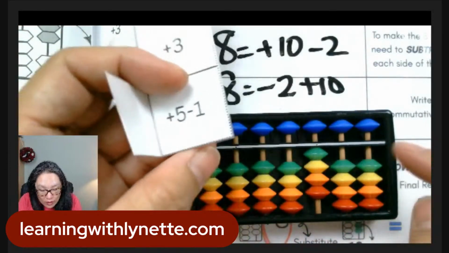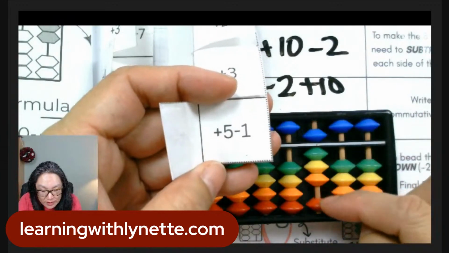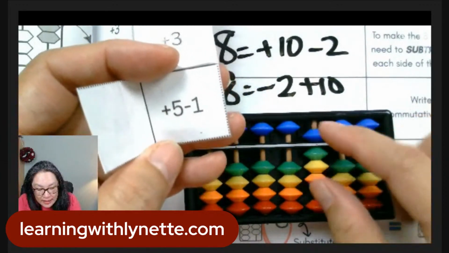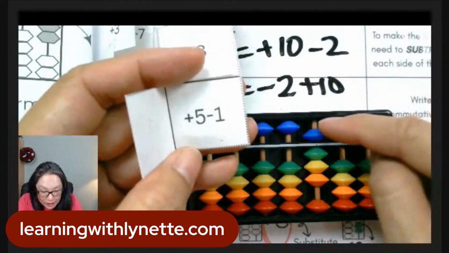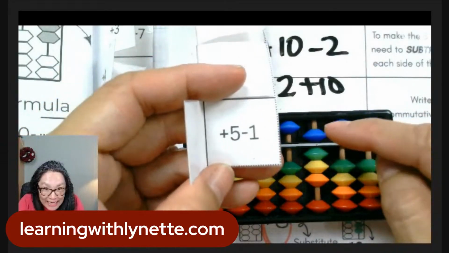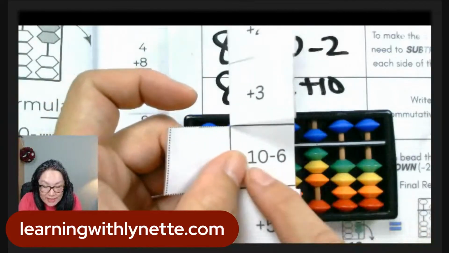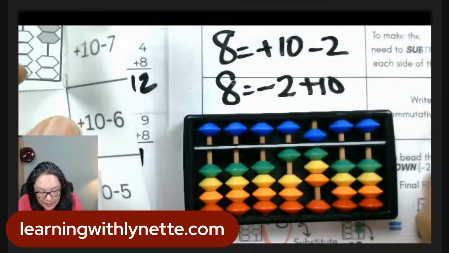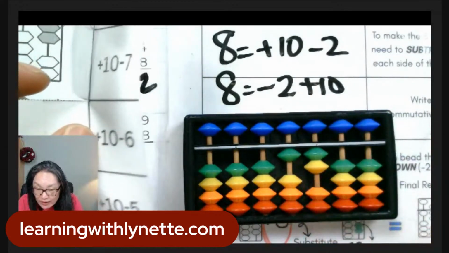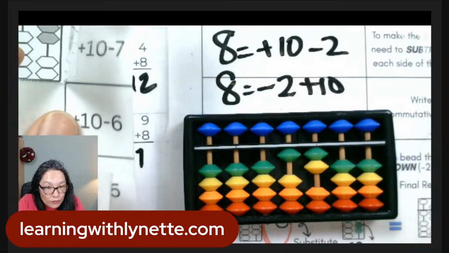So plus the 4 is plus the 5 minus the 1. Then I have 8 and I want to add another 4. Can I add a 5? No, I can't add the 5. So I go over here and do plus the 10 minus the 6. So I plus the 10 and I take away the 6. So my final answer is 12.